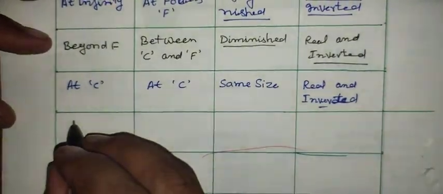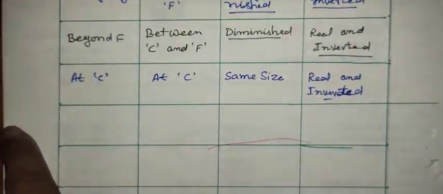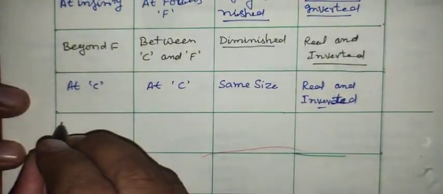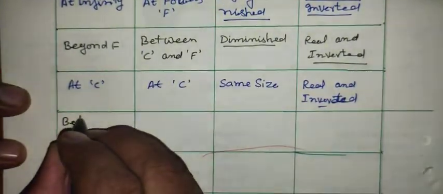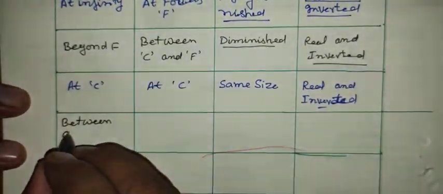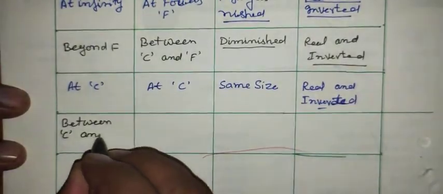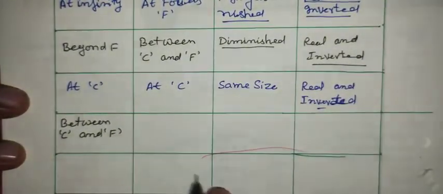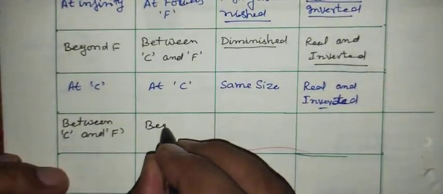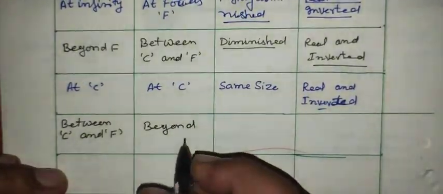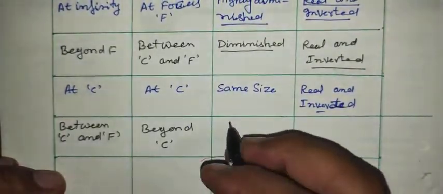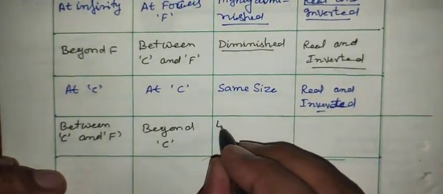Now the position of the object is between center of curvature C and focal point F. The image is formed beyond center of curvature C, larger in size.